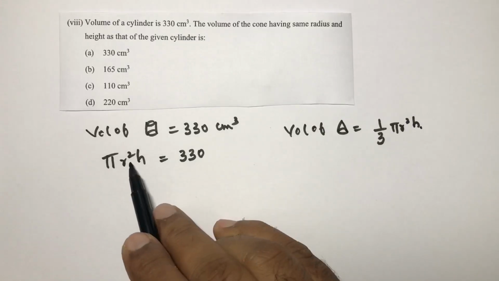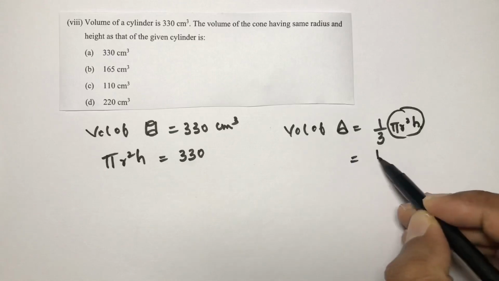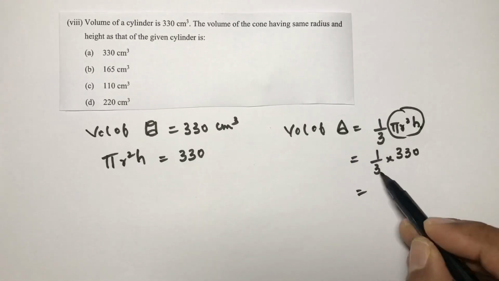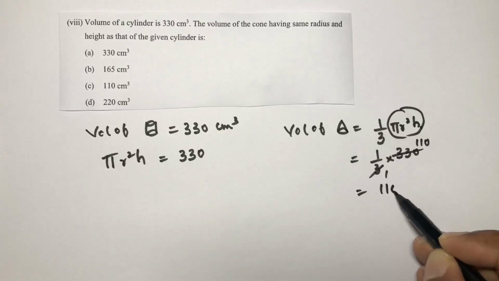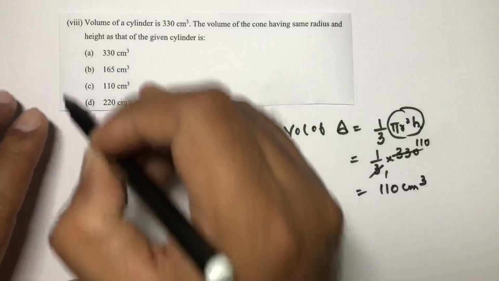If it has the same radius and same height, then the pi r square h value will be the same, so we get 1 by 3 times 330. If you cancel, 3 times 110. So the volume of the cone is 110 centimeter cube.